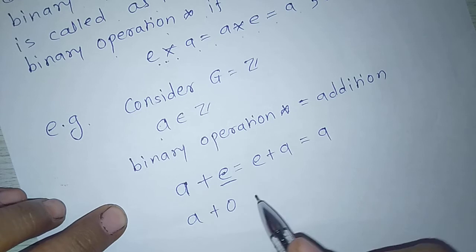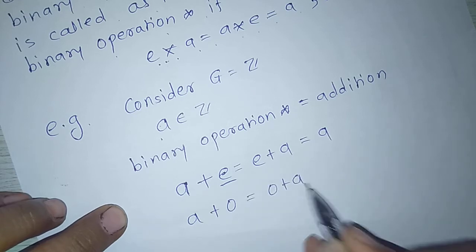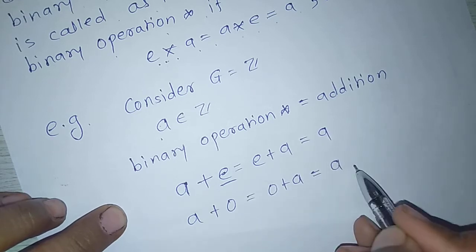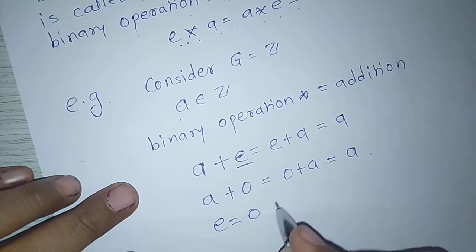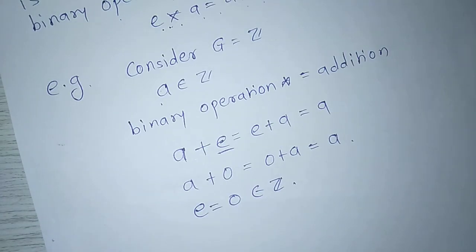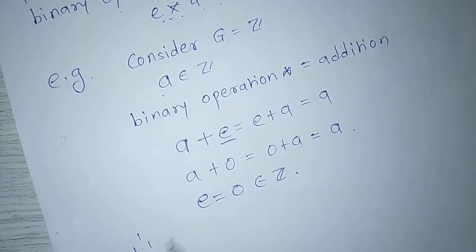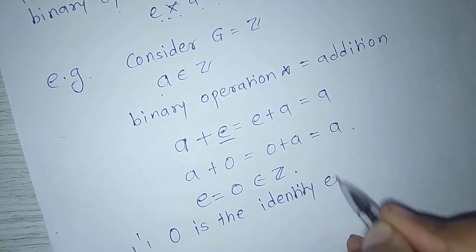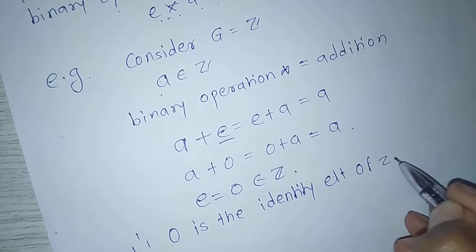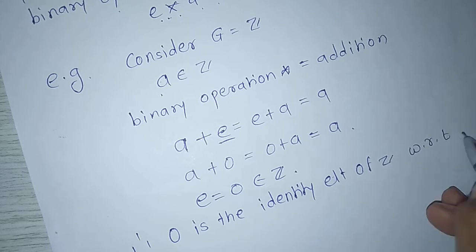A plus 0 equal to 0 plus A, then we get A. Means here E equal to 0, which also belongs to Z, means 0 is the identity element of Z with respect to addition.